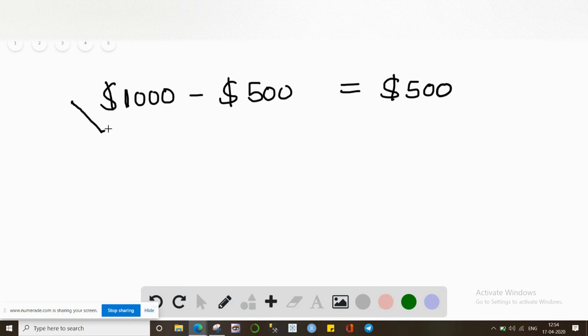Let's say we are likely to receive $1,000 from a customer to whom we have supplied material, the construction material. So we have assets of $1,000 which we have to receive, but we also have to pay someone, so we have liabilities of $500.